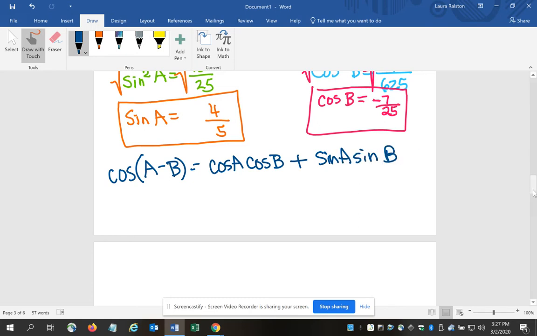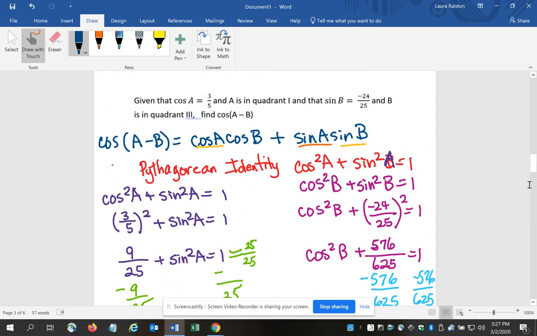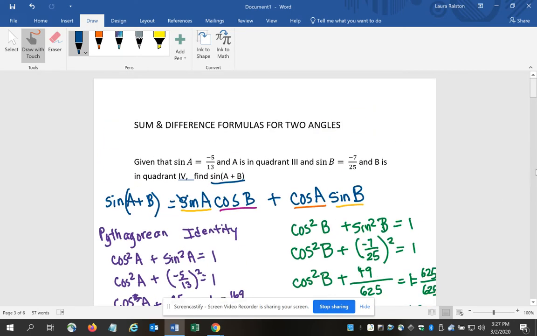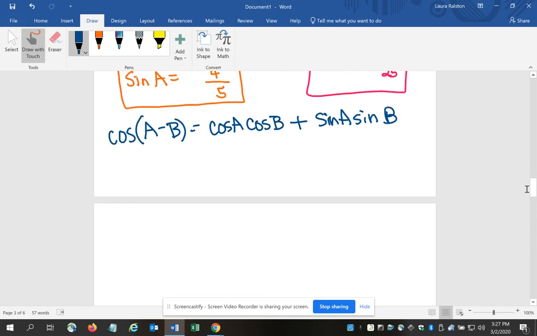Okay, so we're going to do the substitution. We got all the numbers. Cosine A was 3/5. I'm going to do the substitution now.